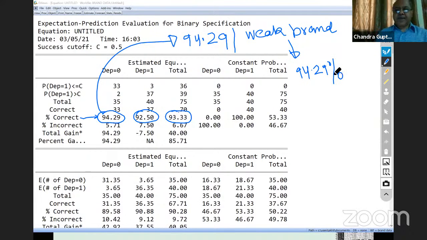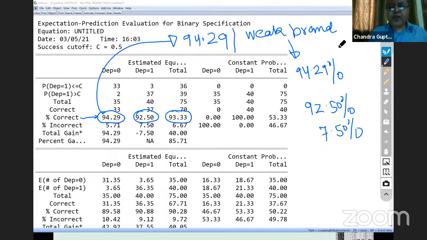That means 5.71% is my error in the weak brand category. In the success category, the strong one, the probability is 92.50. That means the error in it is 7.50.